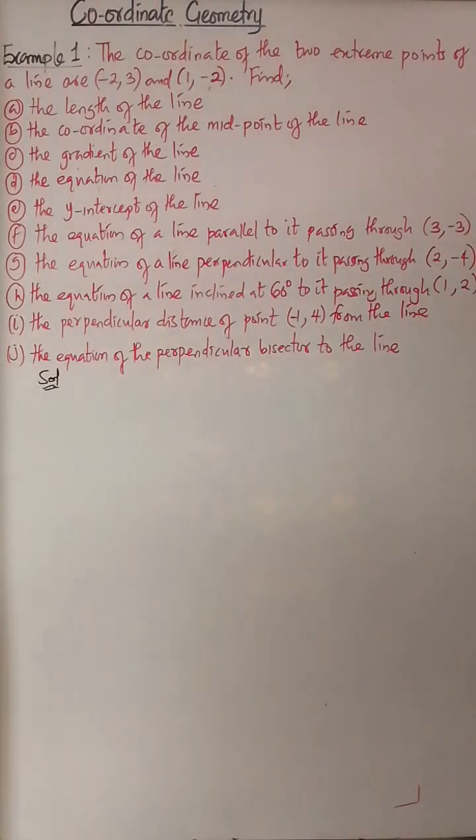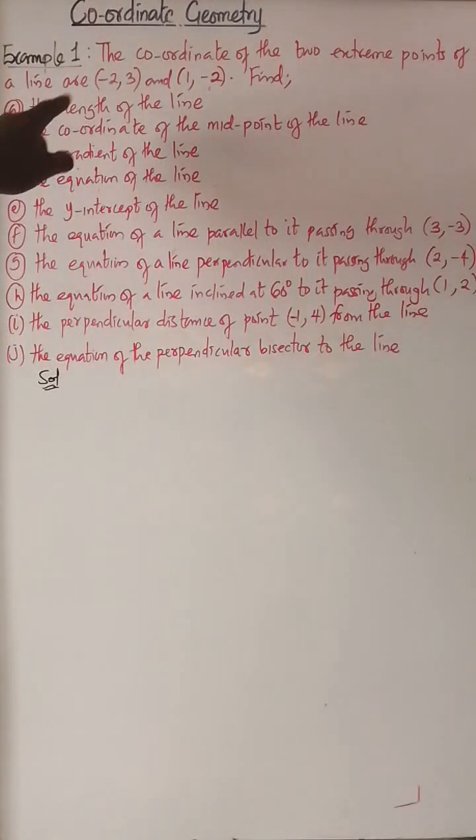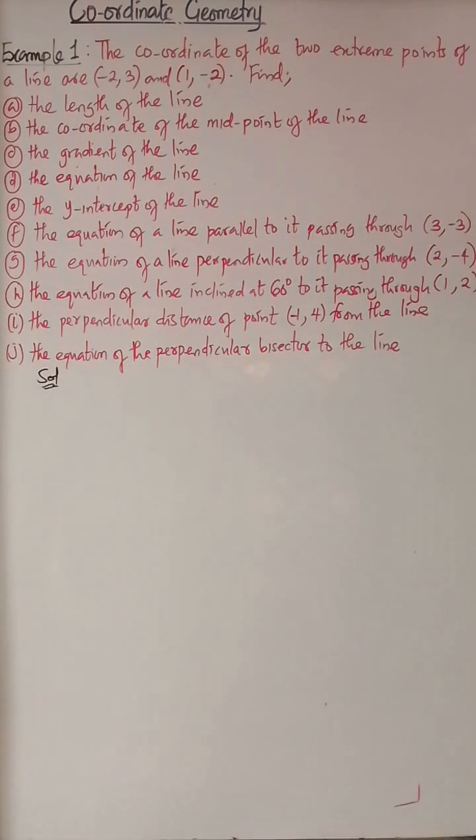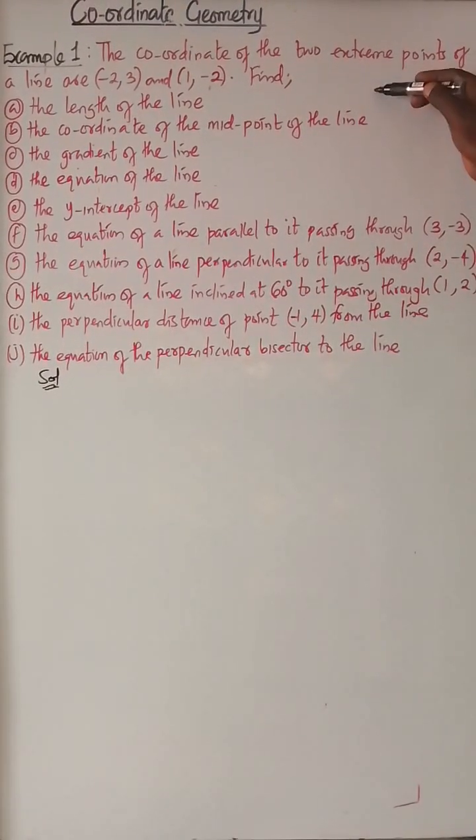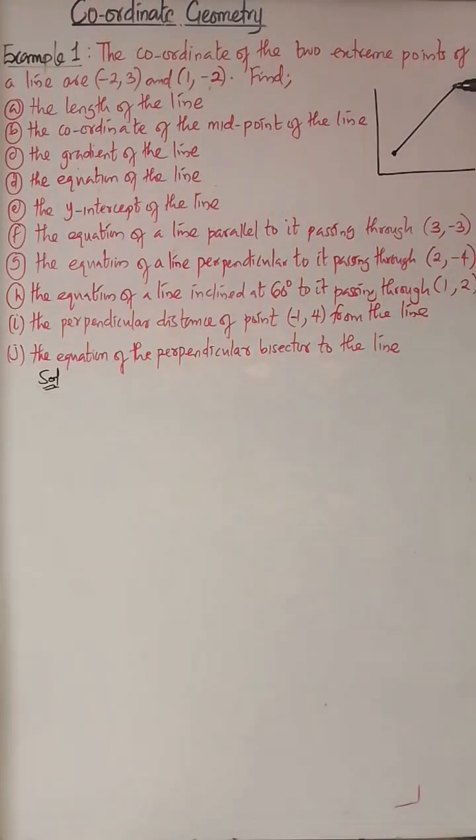So from the first question, the coordinates of the two extreme points of a line are minus 2, 3 and 1, minus 2. To solve this question, we don't need to sketch any diagram, but for reference sake, let's suppose this is the Cartesian plane, and let's say this is the line. So we are given the coordinates of the extreme points of the line, this point and this point.